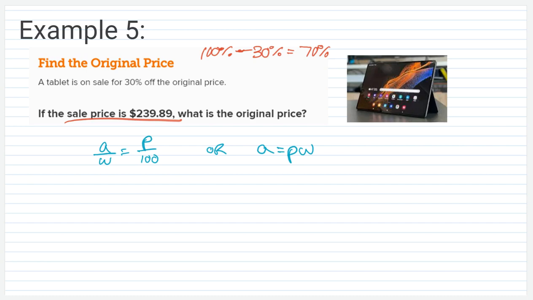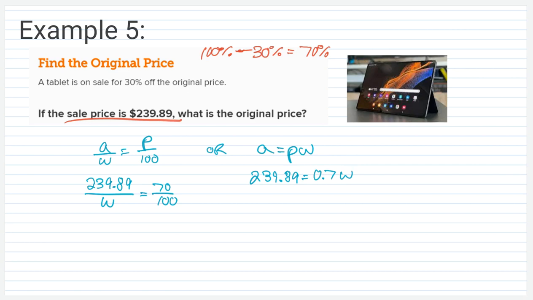That sale price was 70% of the original price after a 30% discount. So my $239.89 over W is going to equal 70 over 100. Or if we're going to use the equation, it would say $239.89 equals 7/10 or 70 hundredths multiplied by W.